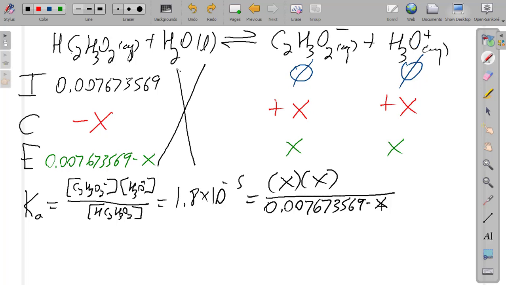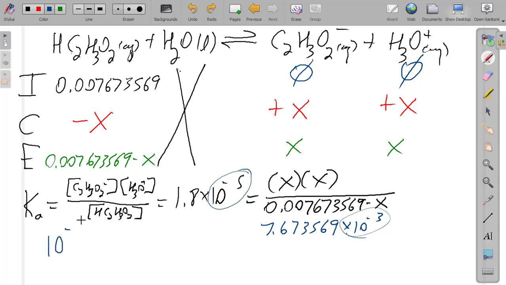But, new rule. If I take the absolute difference between the initial concentration and the Ka, if those two values differ by an absolute 10 to the 2 difference, then this minus X becomes negligible. What I mean is, convert this into scientific notation. So I'm going to use this color again here. This is really 7.673569 times 10 to the minus 3. It's this 10 to the minus 3 and this 10 to the minus fifth that I'm interested in.